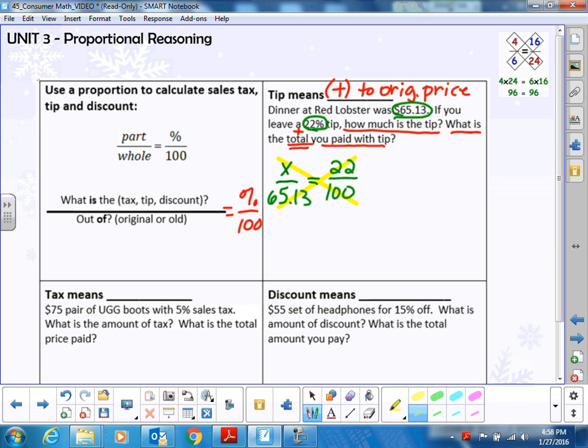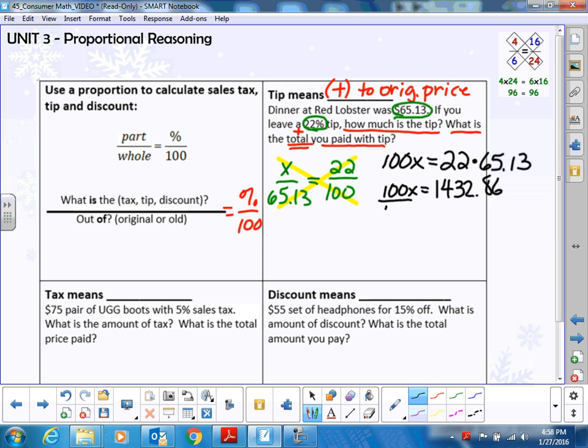Let's cross multiply, which means I'm going to have 100 times x, and then I'm going to have 22 times $65.13. When I do that, I get 100x is equal to $1,432.86, but now I have to divide by 100, which moves my decimal place over.